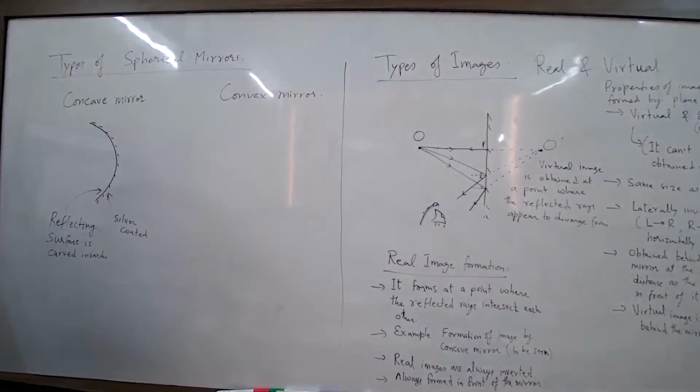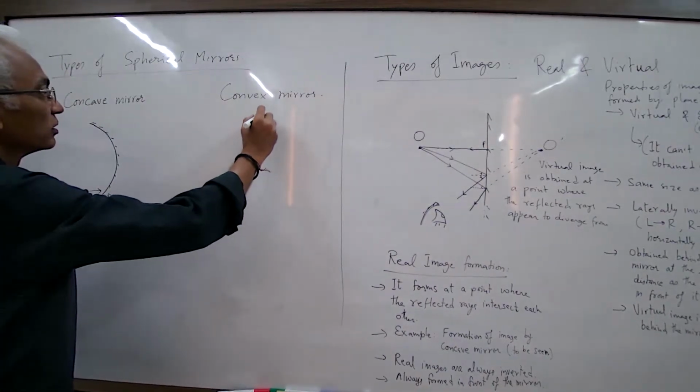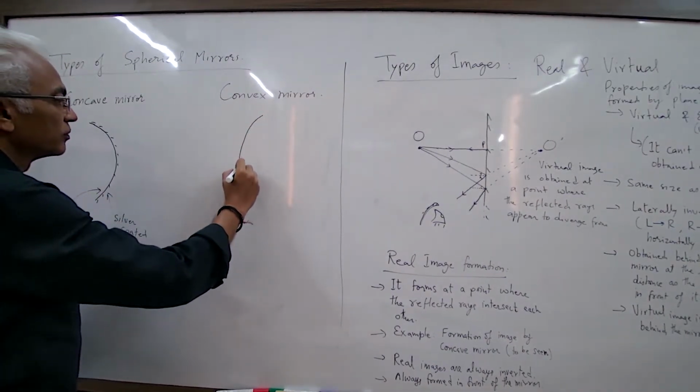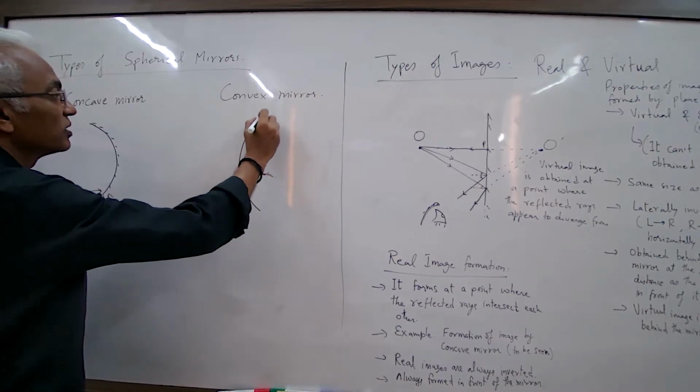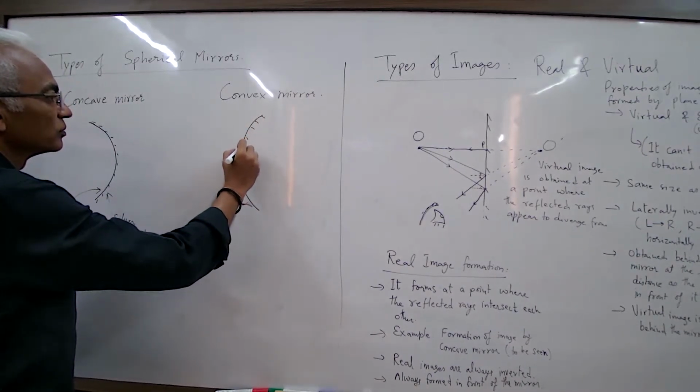And for a convex mirror, it is like this: the reflecting surface is bulged outwards.